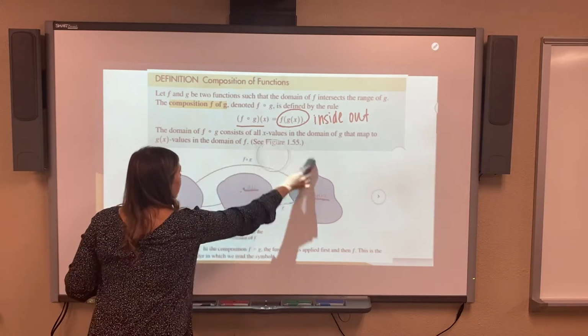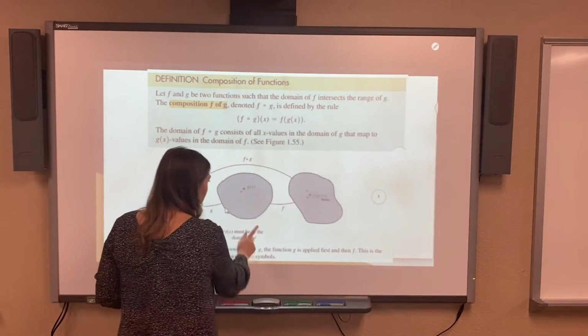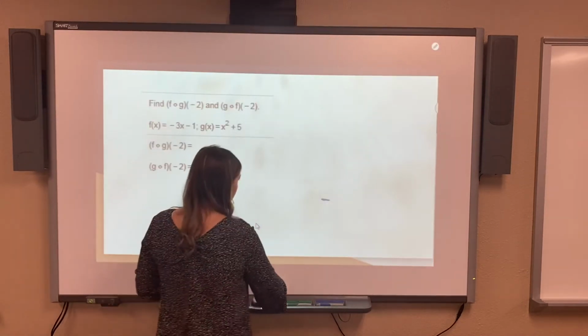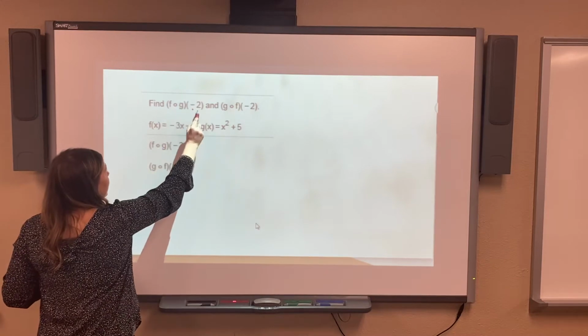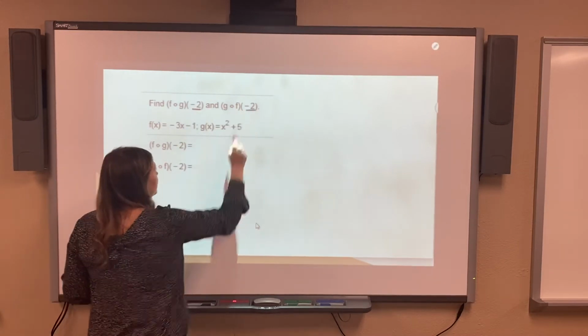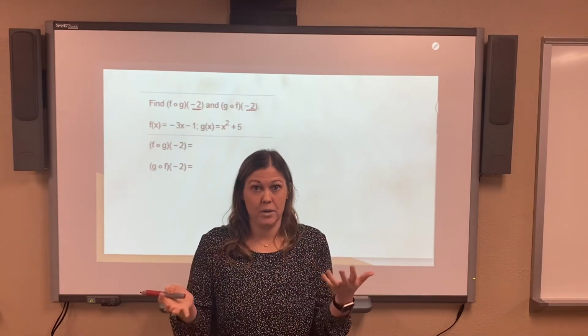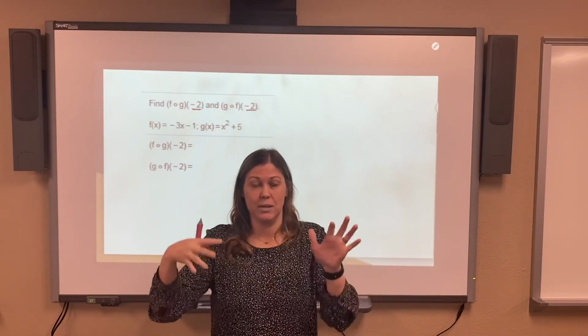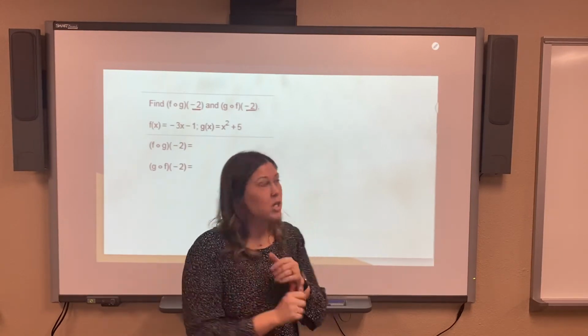So let us look at some examples. We're going to do two examples, one with numbers. And a little hint here: if we have f of g of -2 and then g of f of -2, since those are numbers, our answer is going to be a number. If those are an x, our answer is going to be in terms of the x variable. So a little key there.